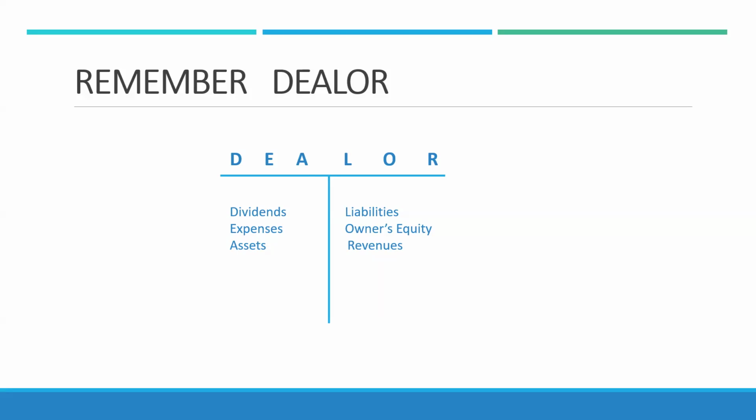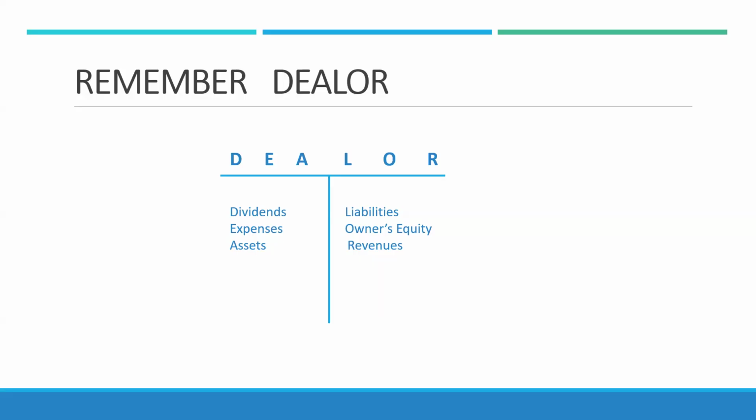To know what has a normal debit balance, DEA: dividends or drawings, expenses, and assets have a normal debit balance. LOR: liabilities, owner's equity, and revenues have a normal credit balance. Do you guys see what I'm saying?